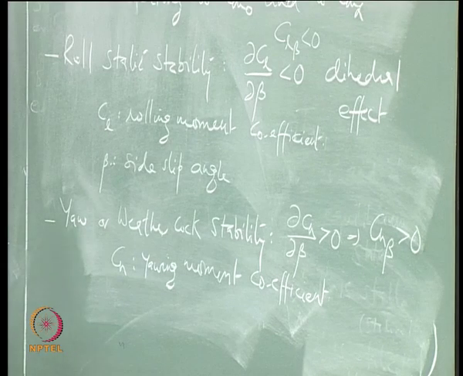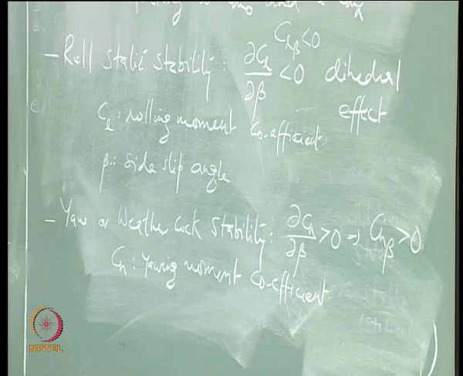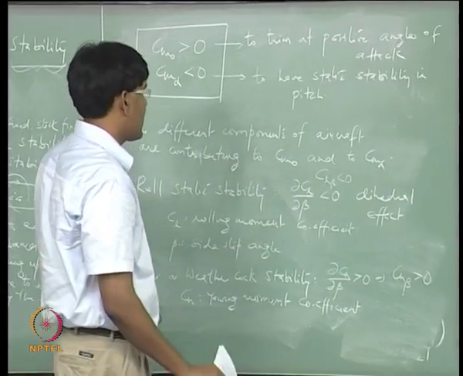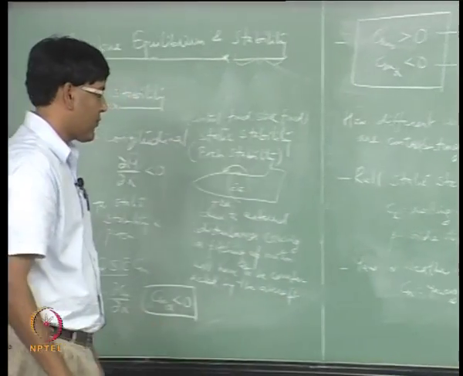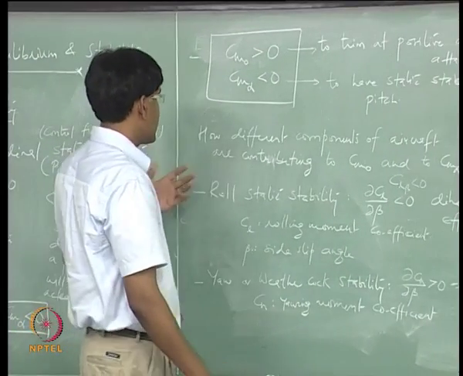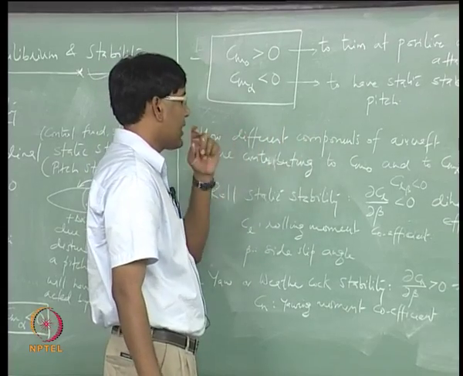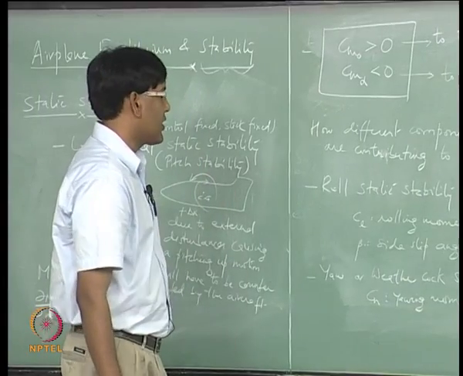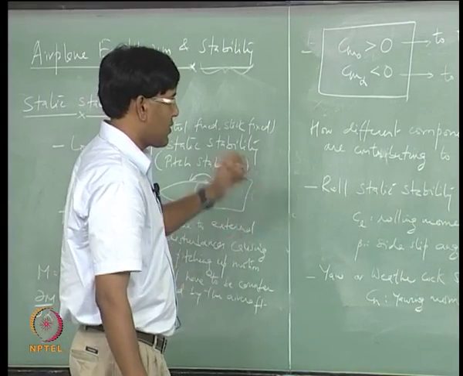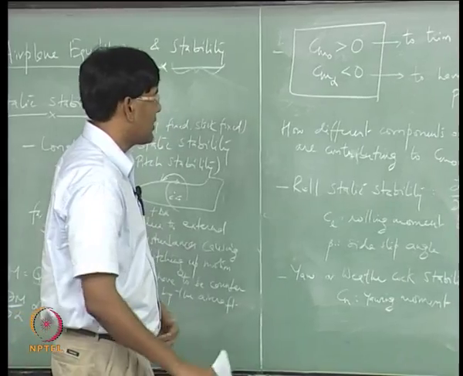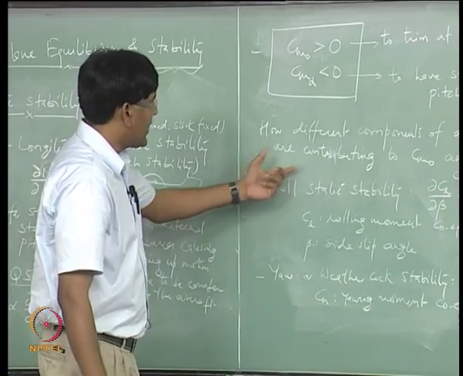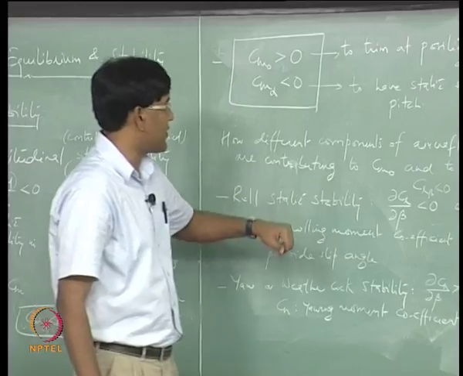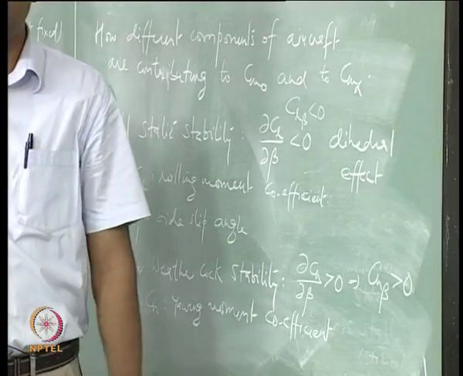So, as far as the static stability part is concerned, we are going to look at these three derivatives and at the contribution of each of the aircraft components, either mounted on the aircraft or constituting the aircraft, to each of these terms: Cm alpha, Cl beta and Cn beta, right.